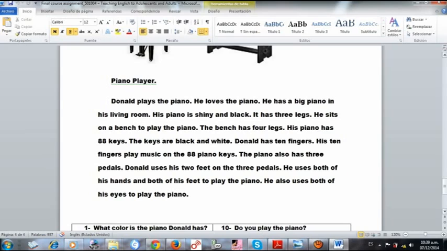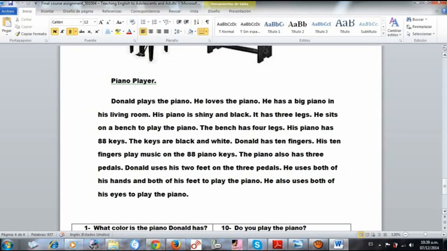Donald has 10 fingers. His 10 fingers play music on the 88 piano keys. The piano also has 3 pedals. Donald uses his 2 feet on the 3 pedals. He uses both of his hands and both of his feet to play the piano. He also uses both of his eyes to play the piano.